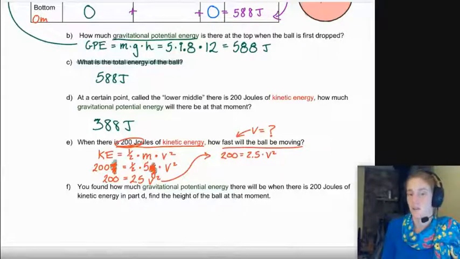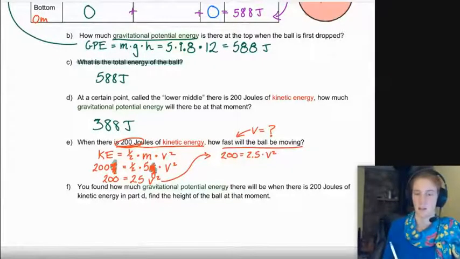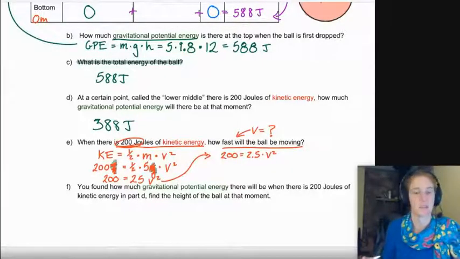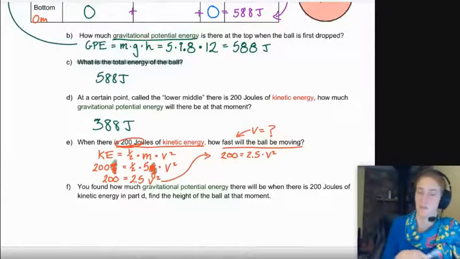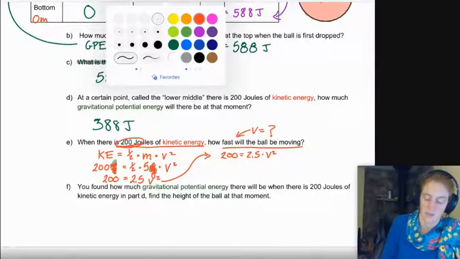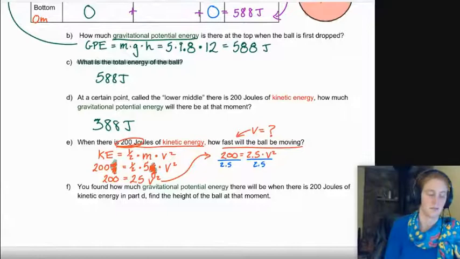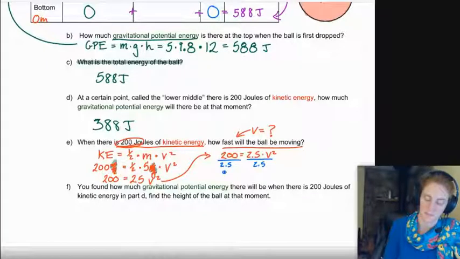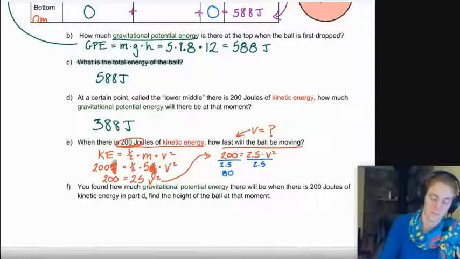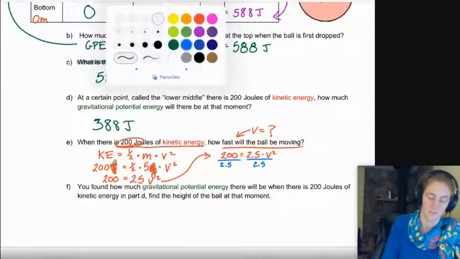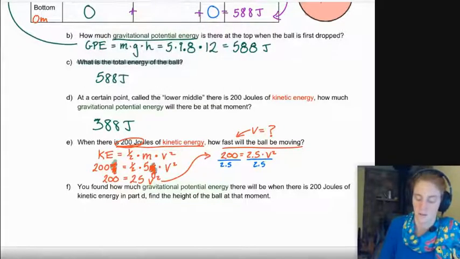Now, when I'm solving for something, I need to do the opposite. So because it's 2.5 times v squared, I need to do the opposite, which is division. So I'm going to divide both sides by 2.5. So 200 divided by 2.5 is 80.